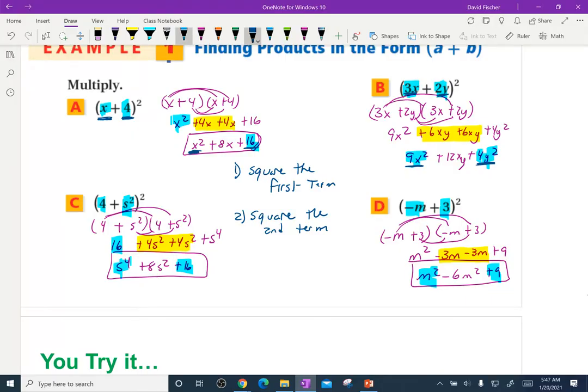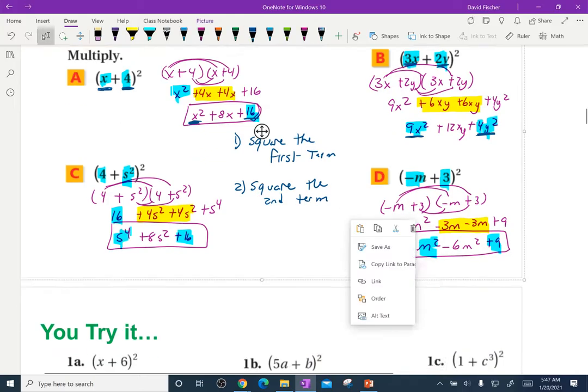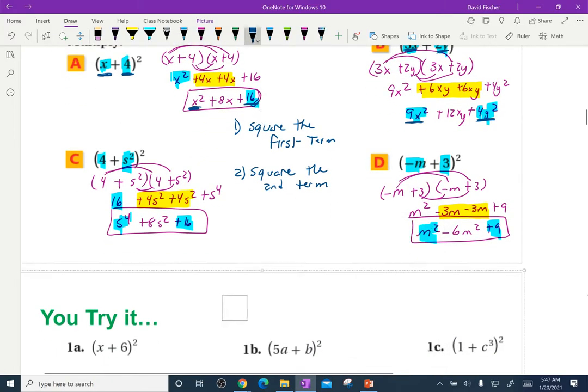Now, how are we going to get that middle term? Third step is multiply the two terms. So I took 4 times x.